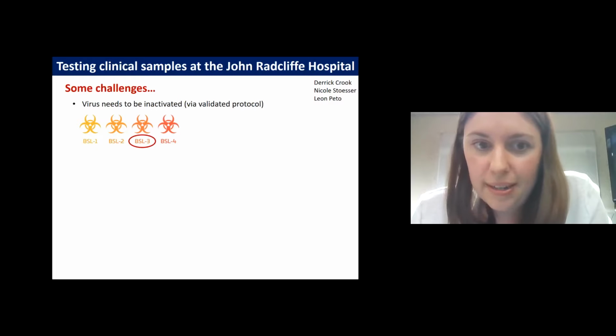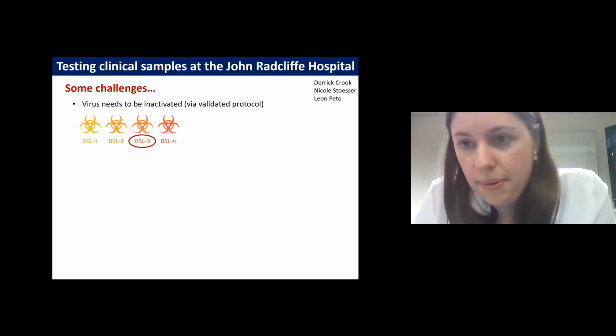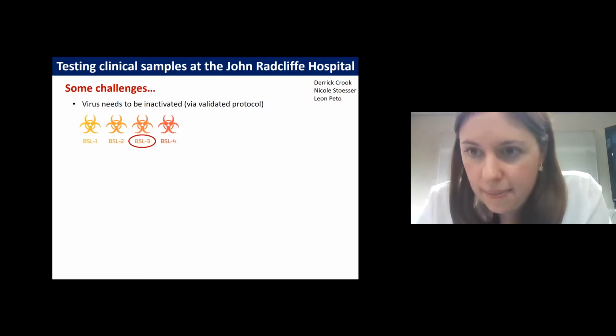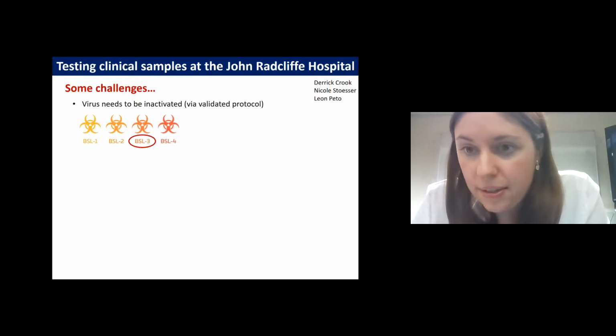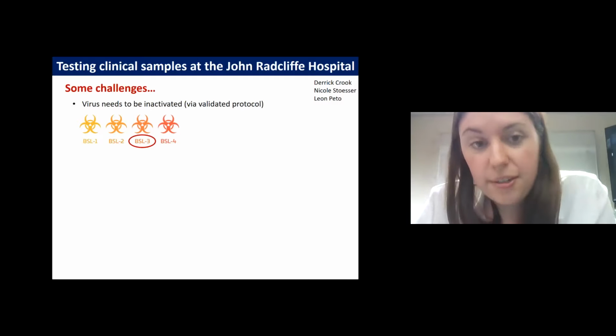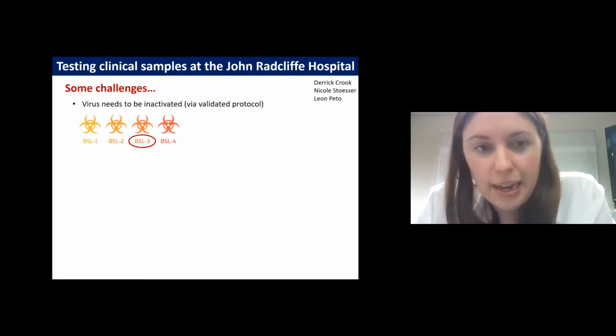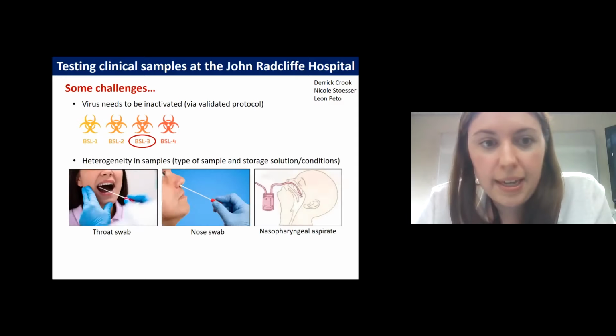SARS-CoV-2 is classified as a BSL-3 pathogen. So this means it needs to be worked with in a high containment lab, and our microscope was in a BSL-2 lab. So one of the first things that we needed to do was sort out how we could actually get the samples from the BSL-3 lab to the BSL-2 lab to work with them safely.